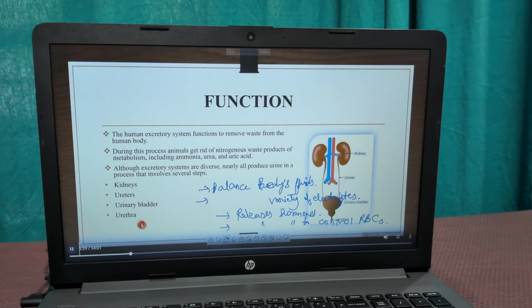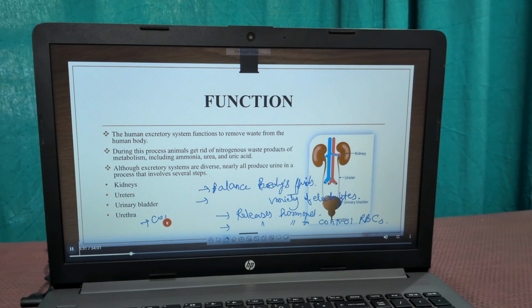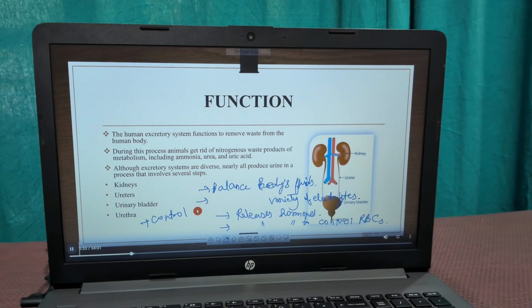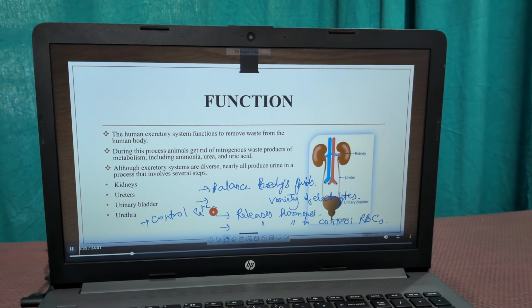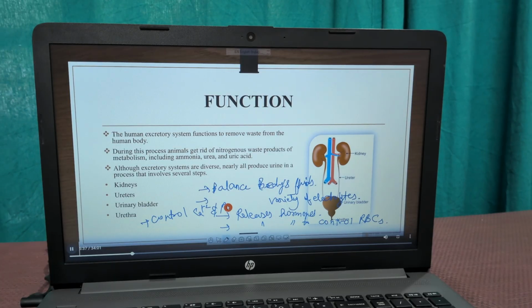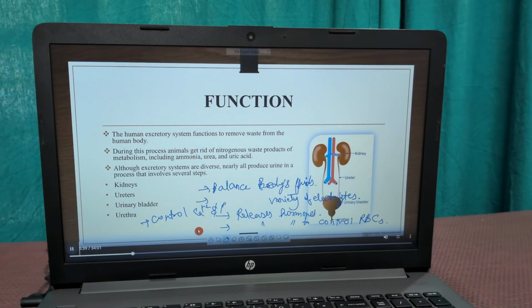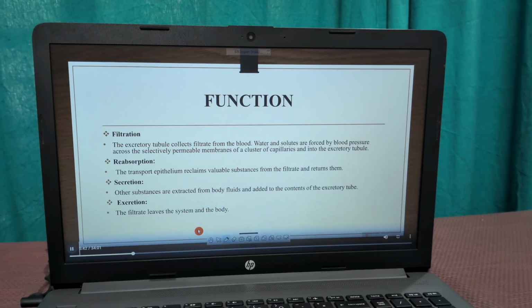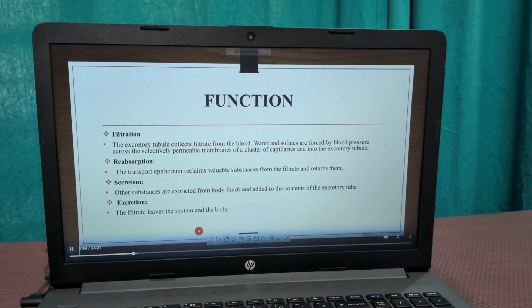It also helps with bone health by controlling calcium and phosphorus. So these are the functions performed by the excretory system.